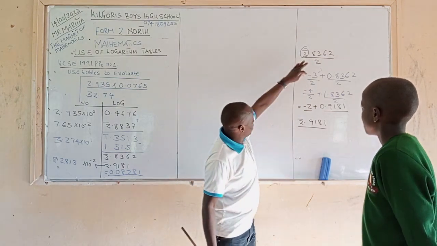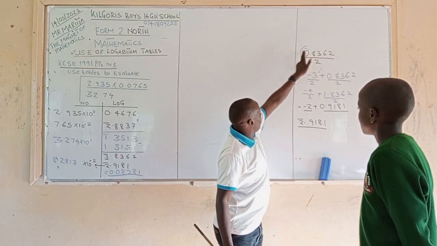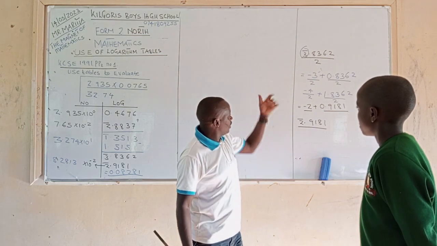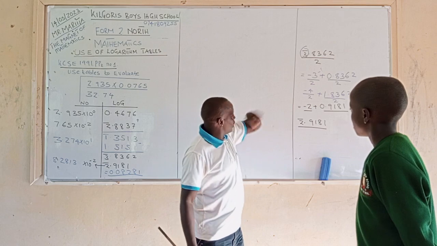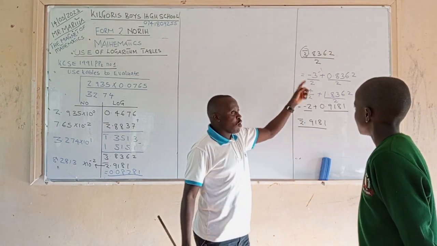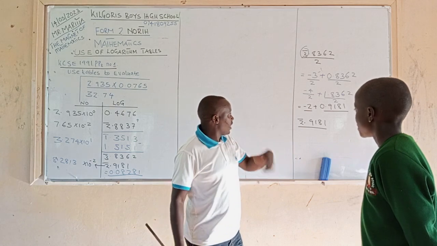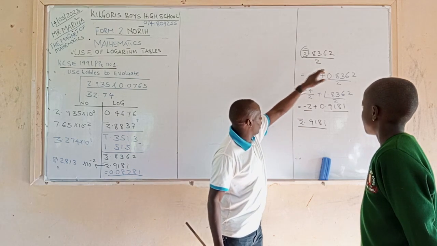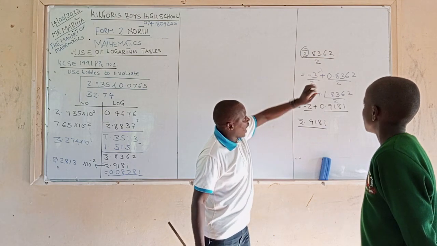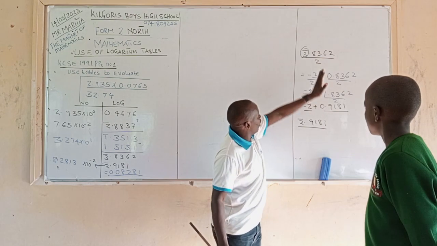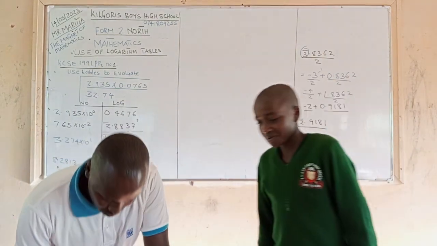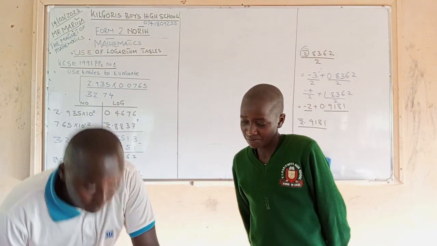In this case, you separate the negative 3 from 0.8362, and then you divide it by 2. At this point, you were supposed to know that if this negative 3 is not divided by this 2, you make it divisible by subtracting, for example, number 1 here. So if we subtract 1, this one will give us negative 4. And always the number we subtract here, we add on the mantissa side. I hope this is the area you have not done well.